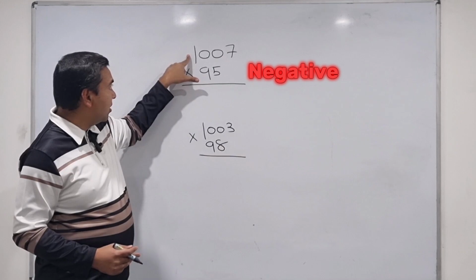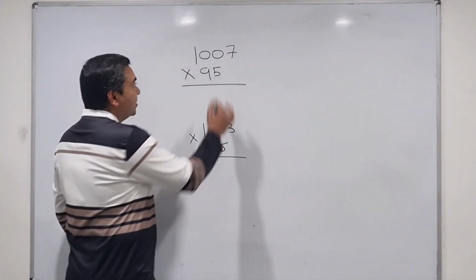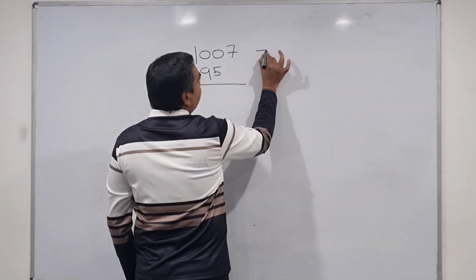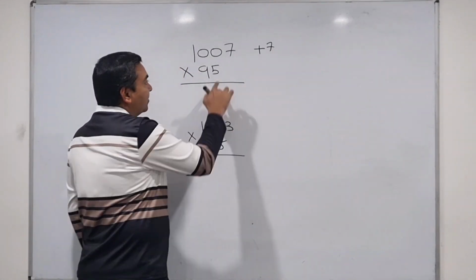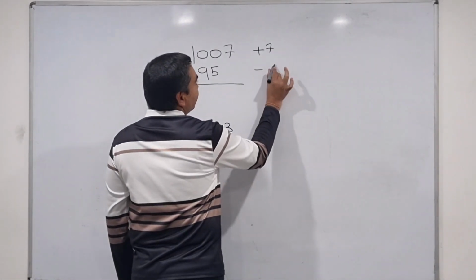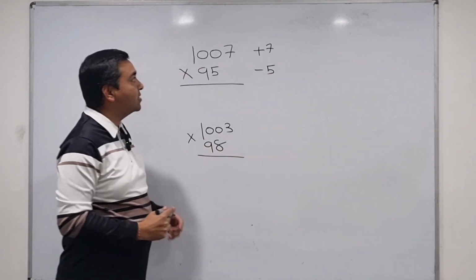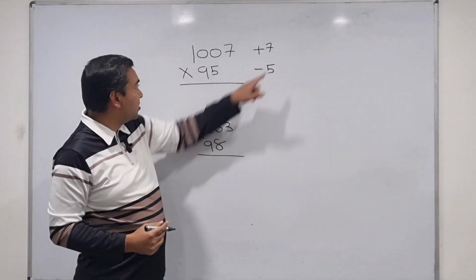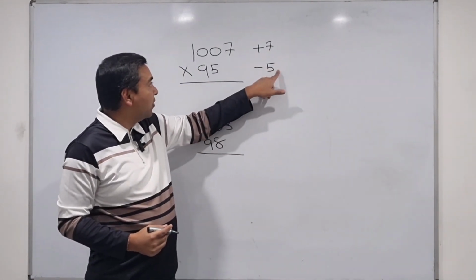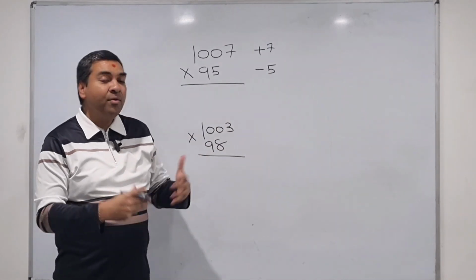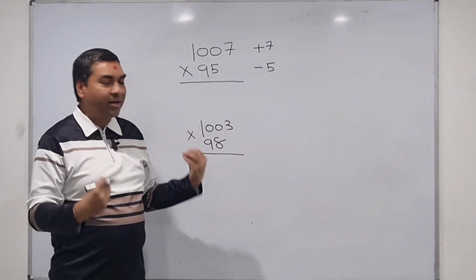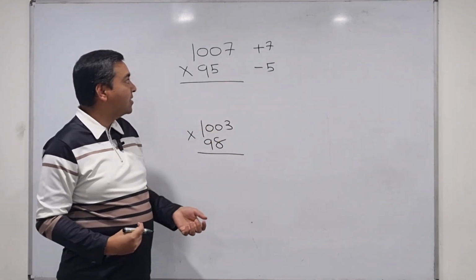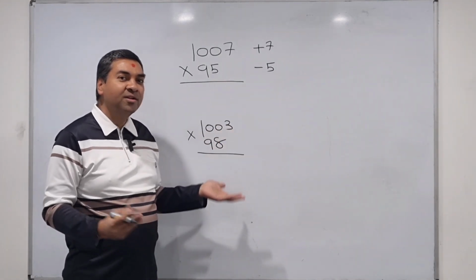Like this number, the base is 1000 and this is 7 more, so I can have plus 7, and this base is 100 and this number is minus 5. So first time, guys, we are coming across a question in which one has a plus, one has a minus, and how we can handle that. We are going to do these two questions slowly so you can understand. But once you understand, guys, you can also take up this question in a second.